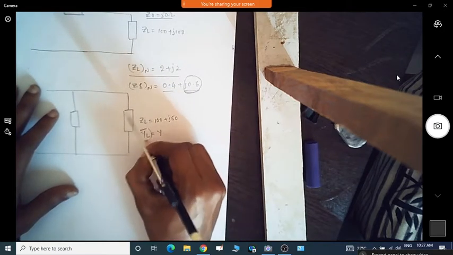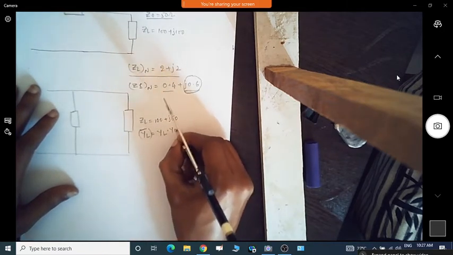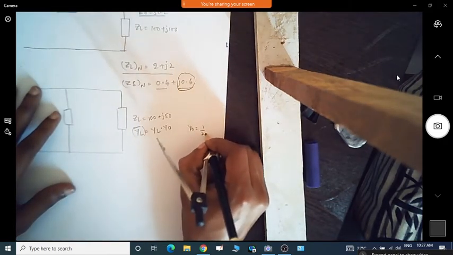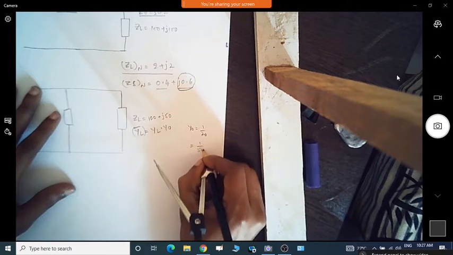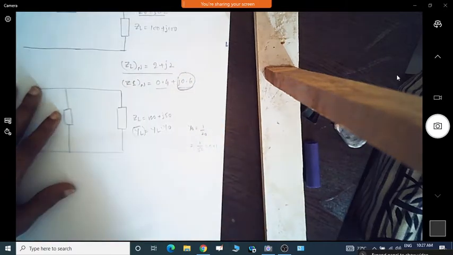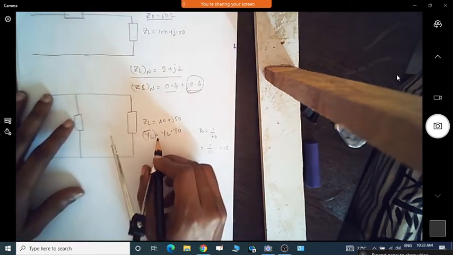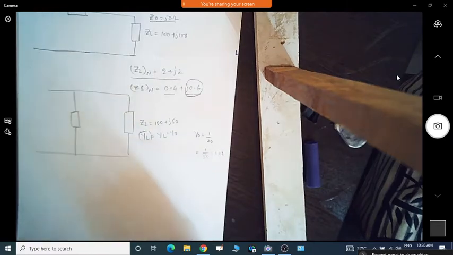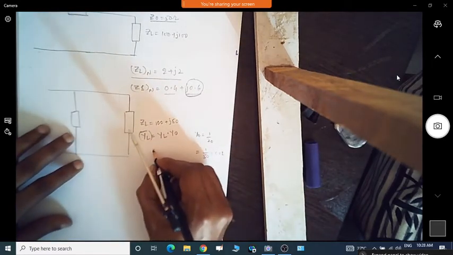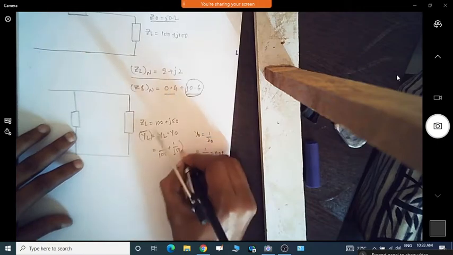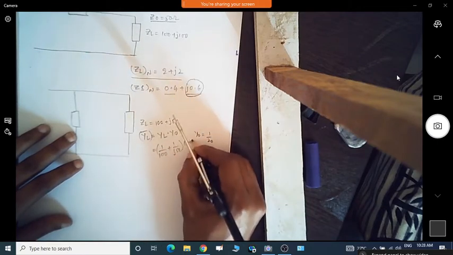The YL normalized value is YL into Z0, that is, YL times 1 over Y0, where Y0 is 1 over Z0, which is 1 by 50, equal to 0.02. We need to multiply that with the YL value. So YL is 1 over 100 plus 1 over j50, this into 0.02.